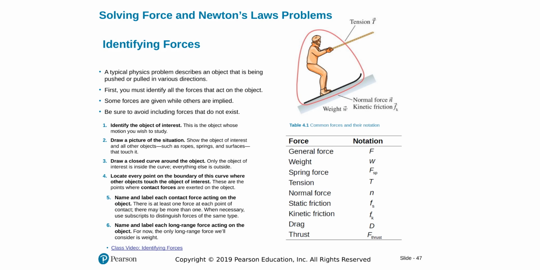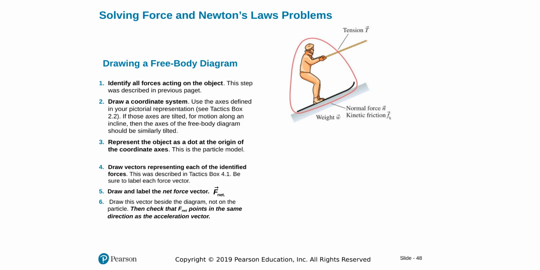And whenever we have an object of interest, we'll just put them kind of into a bubble and look at what forces are applied to this. Let's find what forces are applied to this skier. He's pulled up by a rope, so there will be a tension force there, and tension force will be along the rope.